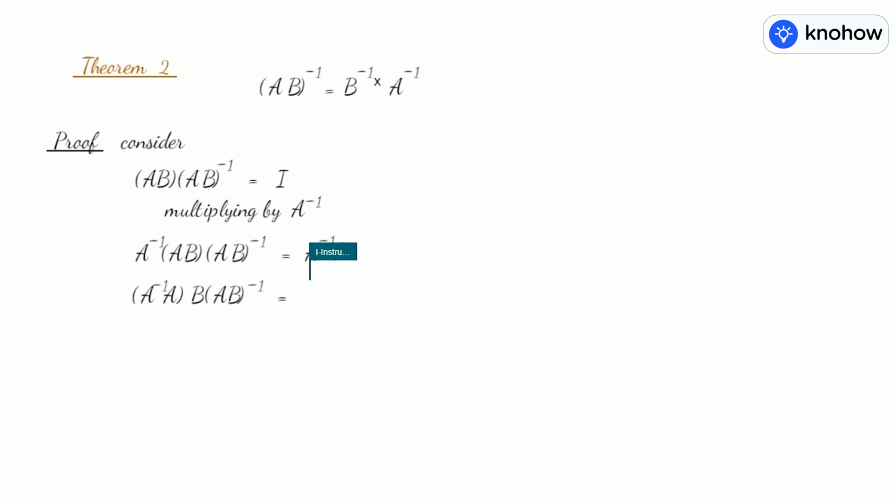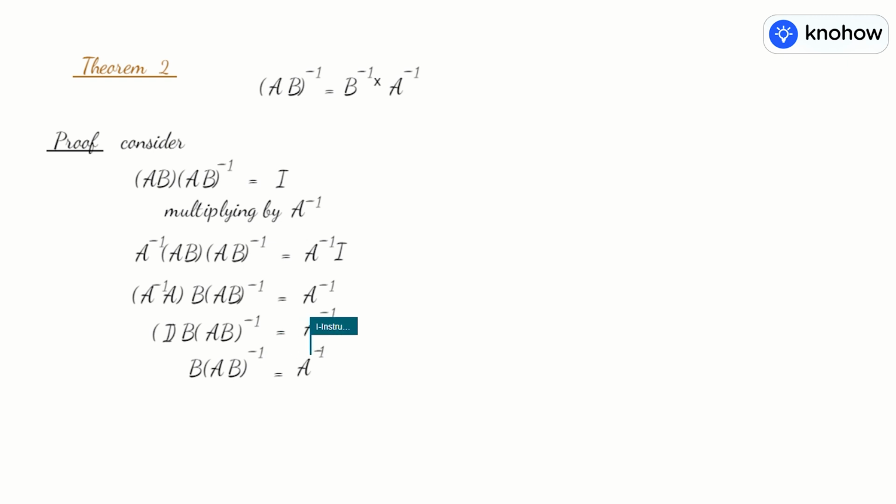And now on the left, A inverse into A is the identity matrix. So I B into (AB) inverse equals A inverse. Now I into B is merely B, because multiplying a given matrix by the identity matrix doesn't change it. So B into (AB) inverse equals A inverse.